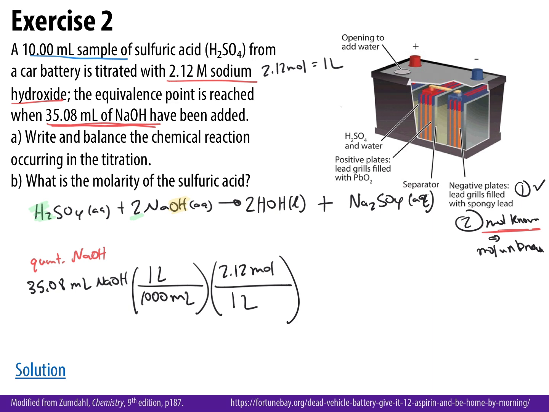Now, if I'm keeping track of what cancels here, I've canceled milliliters, I've canceled liters, and I'm now in units of moles of NaOH. I'm comfortable stacking one more stoichiometry calculation onto there and going all the way to moles of unknown. So to get to moles of unknown, I just need to use the balanced equation.